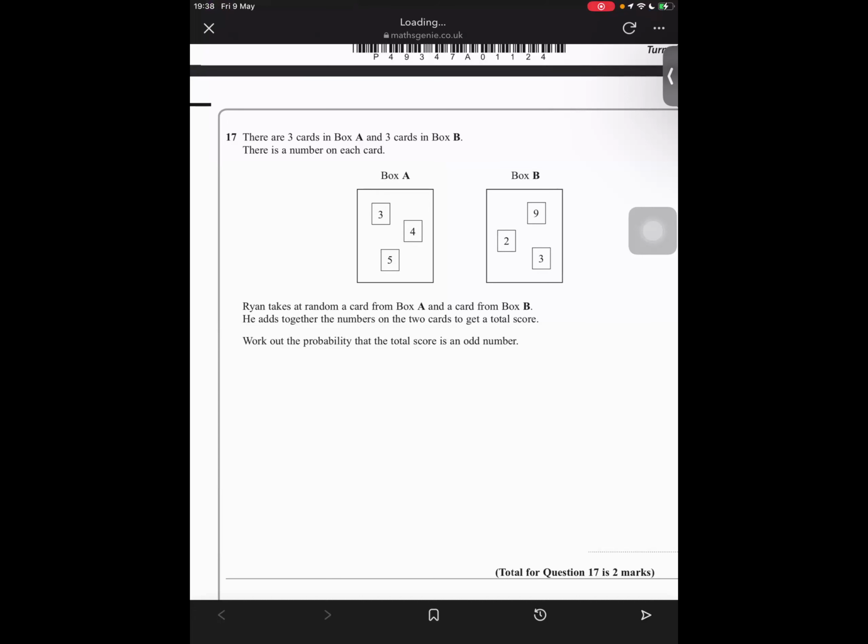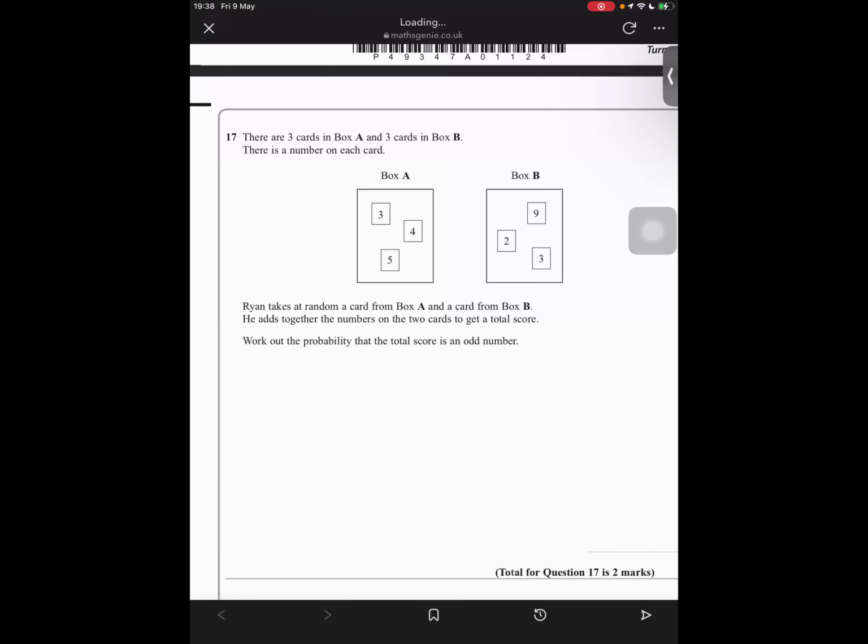I'm looking at how many occurrences that is. Okay, so let me say it again. These are possible outcomes. Now I'm counting 3 and 2, 3 and 9, 3 and 3. That's a possibility. So that's three already, isn't it?